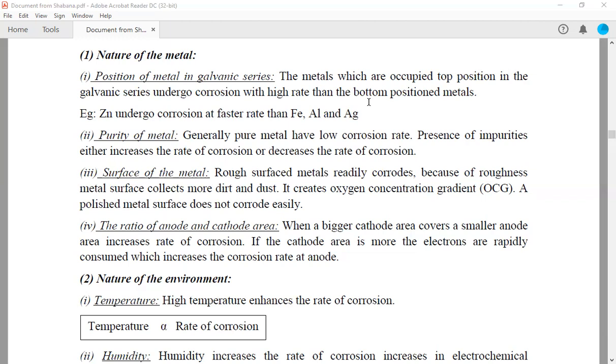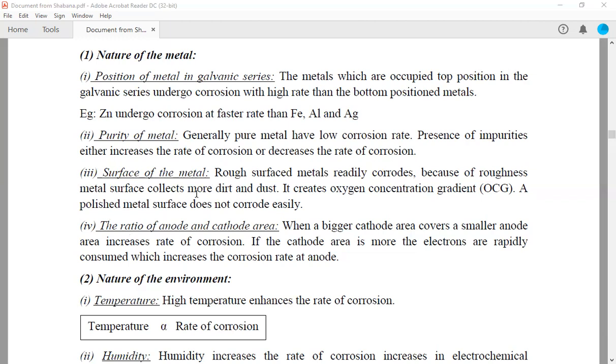For example, if you take zinc metal containing impurities such as iron and lead, it undergoes corrosion due to formation of local electrochemical cells. So presence of impurity either increases or decreases the rate of corrosion.